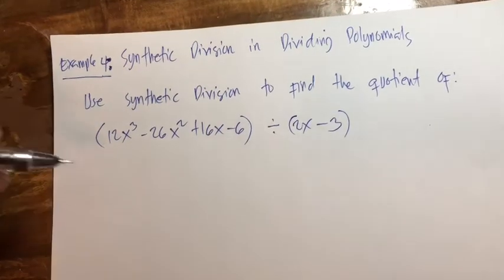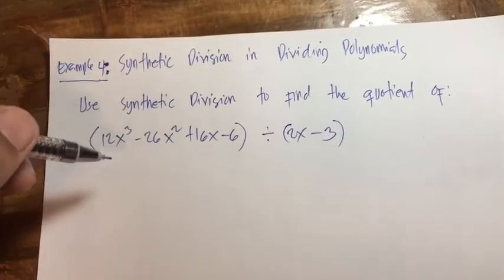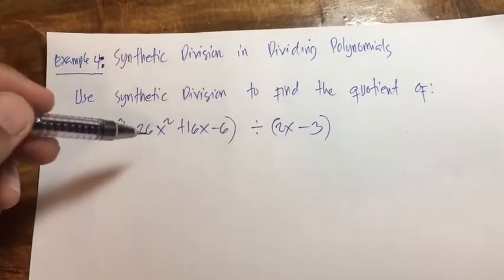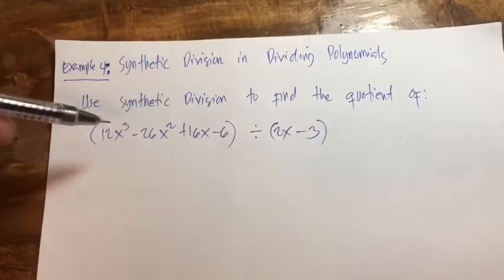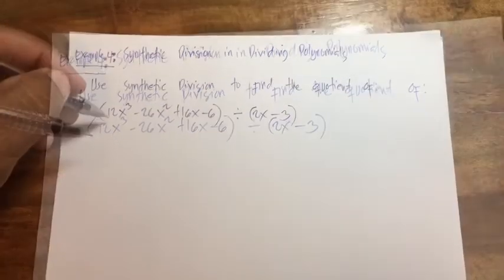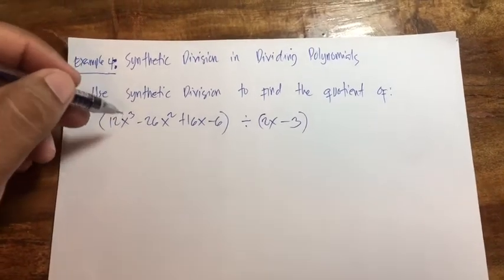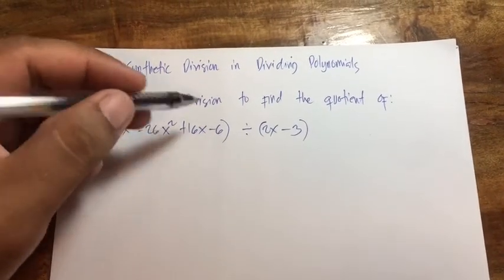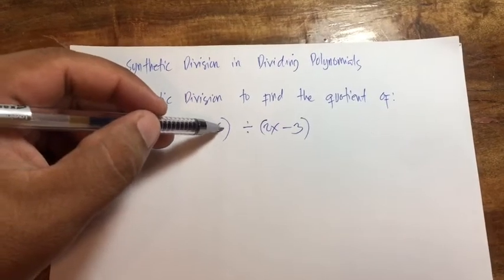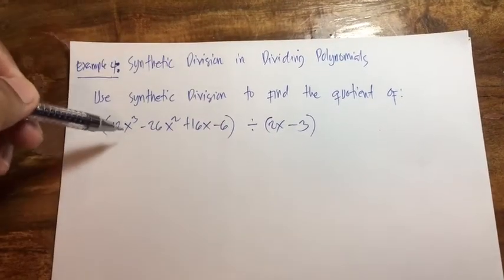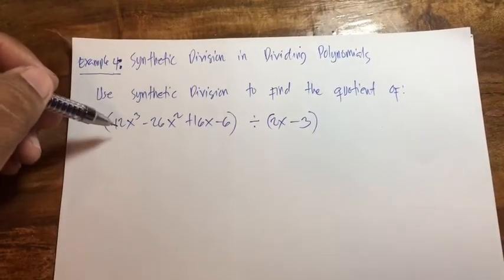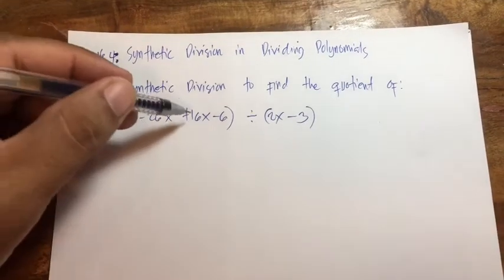Okay. At first, our dividend and divisor are in standard form because we have a decreasing power of x. Okay. 3, 2, 1, then x to the power of 0. So, okay. Then, there are no missing terms. Complete.